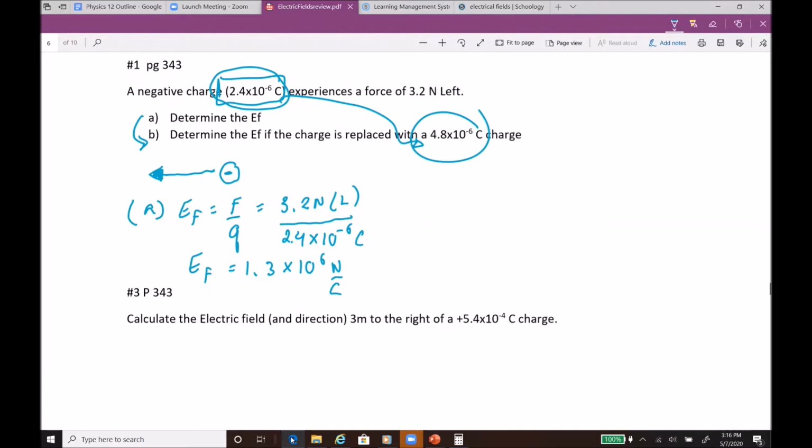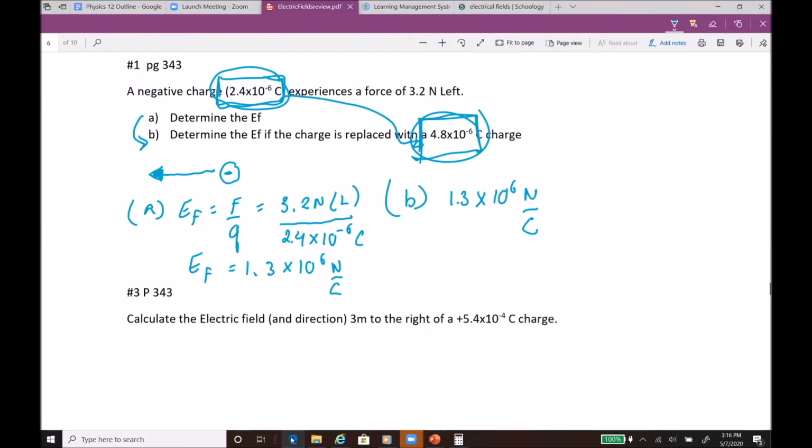And it turns out the electric field is still the same, because the electric field is in reference to the object that is exerting or producing the electric field. So it's actually irrelevant in regards to the charge that we're placing in the electric field. So it would be the same.